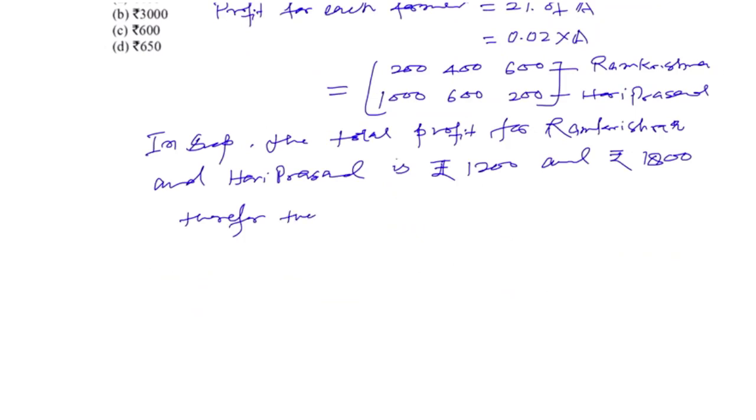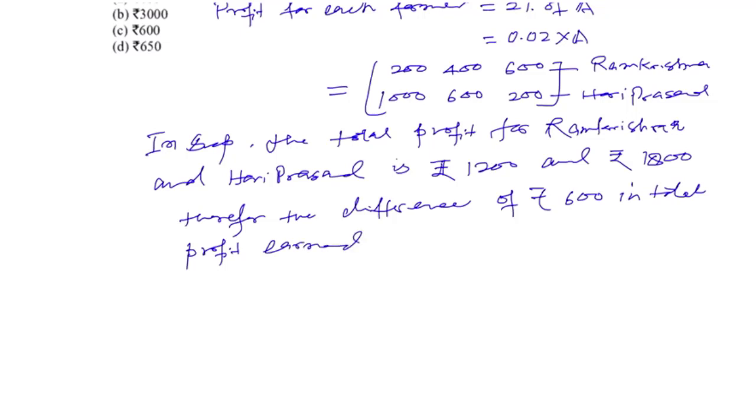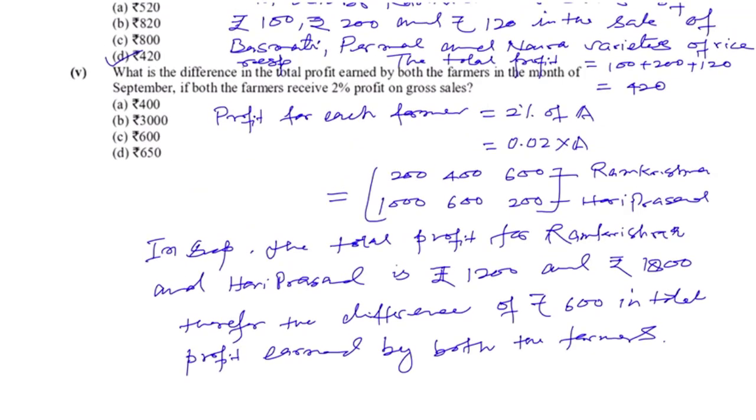In September the profit for Ram Kishan is 200 plus 400 plus 600, that is equal to 1200, and for Hari Prasad the profit is 1000 plus 600 plus 200, that is equal to 1800. Therefore, the difference of profit in these two farmers is 1800 minus 1200, that is equal to 600. So the correct option is C.